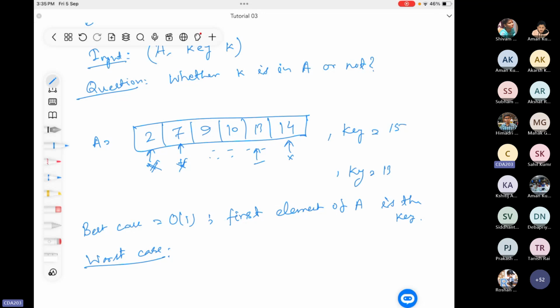Last element of A is the key, or the element is not present in the array.